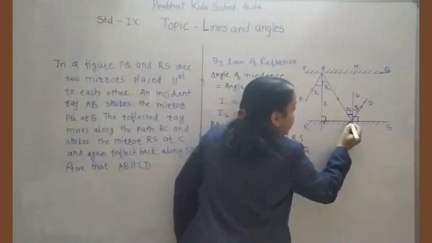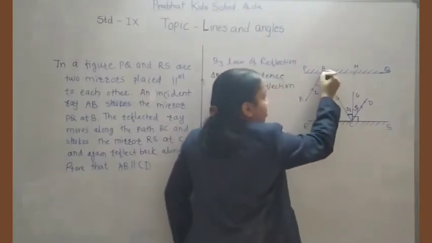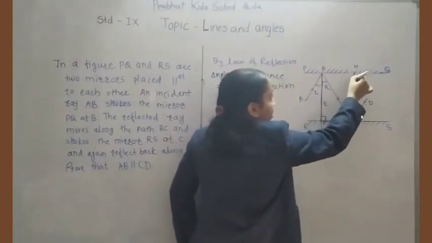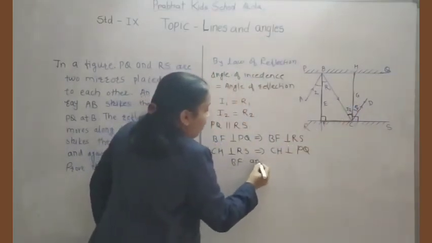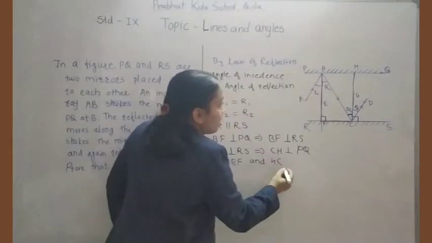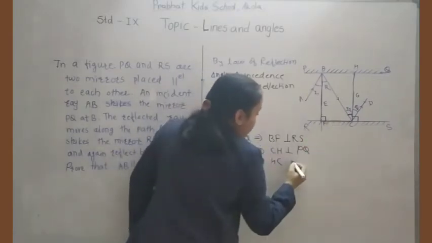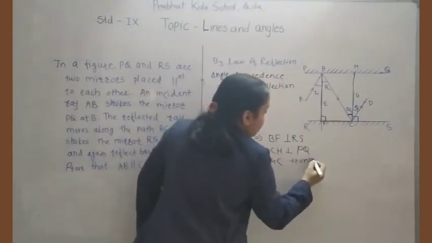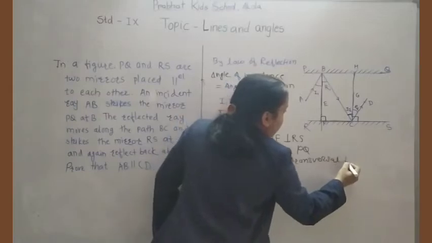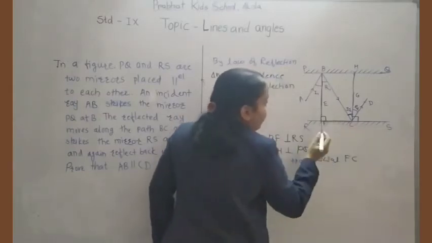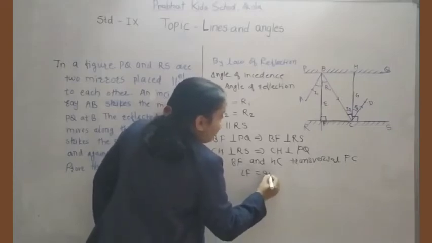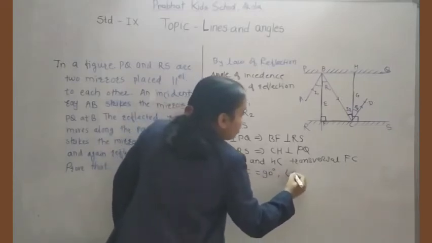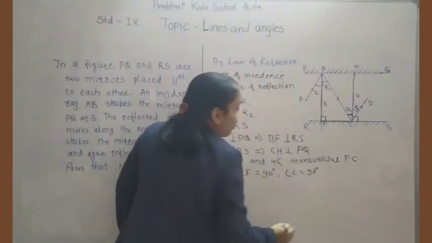If you take this FC, observe FC and these two lines, BF and SC, with transversal FC. Angle F is equal to 90 degrees. Angle C is equal to 90 degrees.